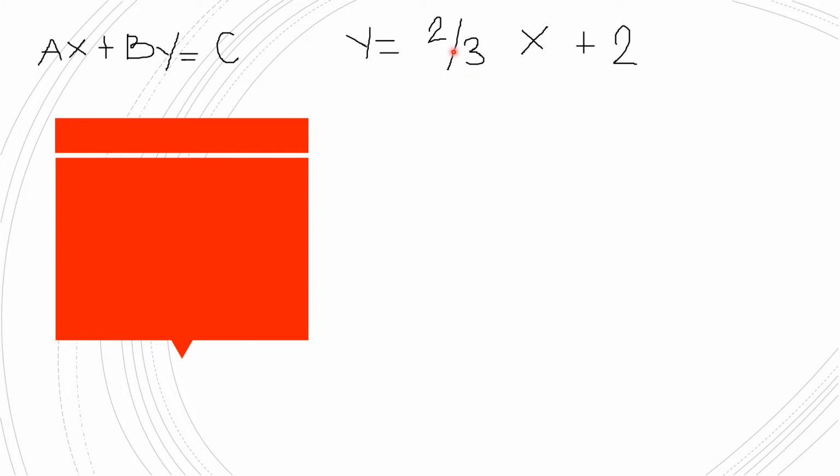So that our x does not become negative. So, it becomes 2/3 x plus 2 equals y.